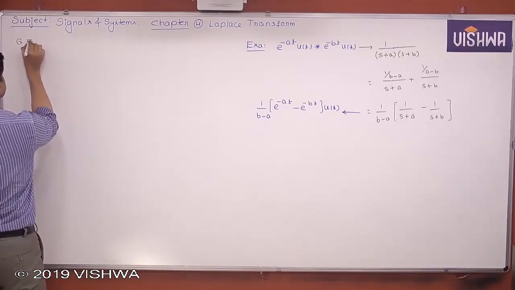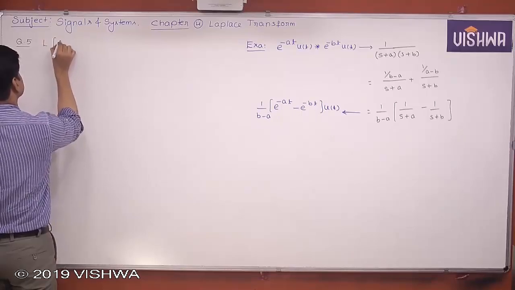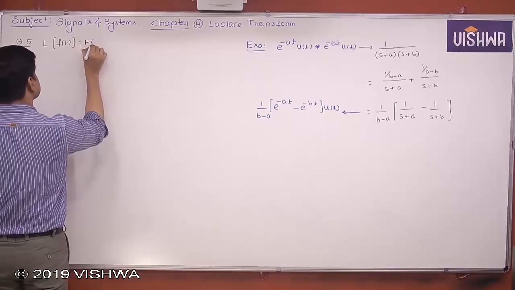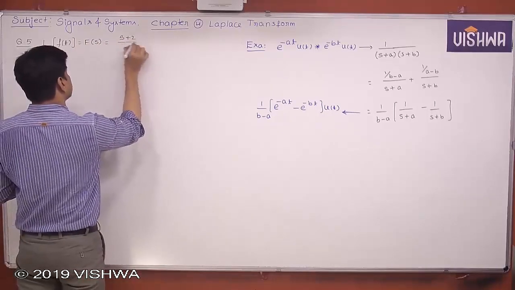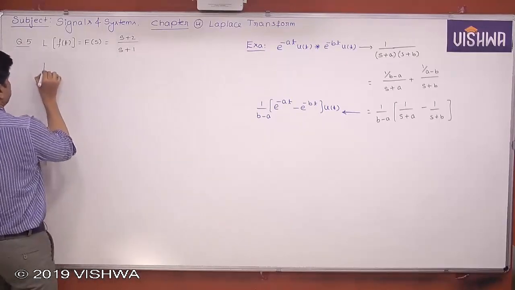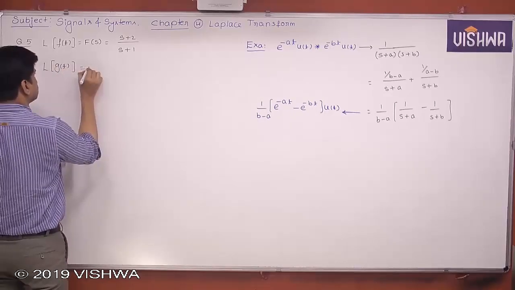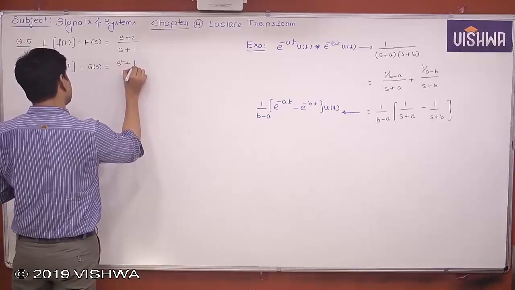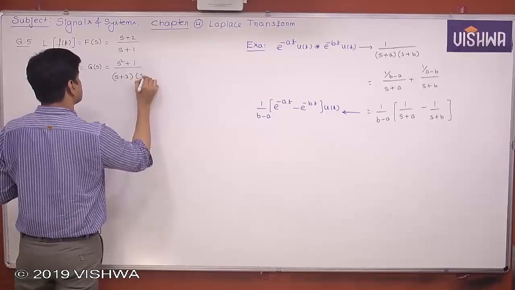Question number 5. The Laplace transform of f of t is F of s, which is equal to (s plus 2) by (s plus 1). The Laplace transform of g of t is G of s, which is equal to (s square plus 1) by (s plus 3) into (s plus 2).